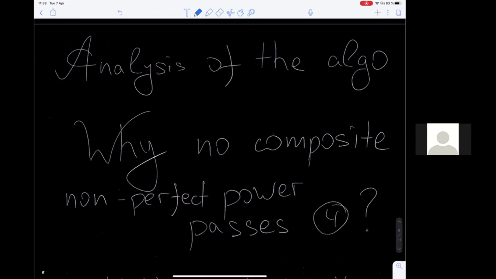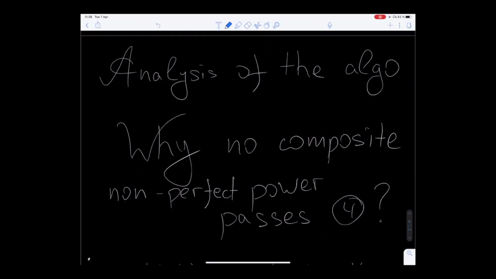On a very broad, vague, imprecise, and maybe premature way of saying it: we'll define a certain group of polynomials such that, assuming that a certain composite passes the test, on the one hand this group must be small because n is composite, and on the other hand this group must be large because this number passes test 4.